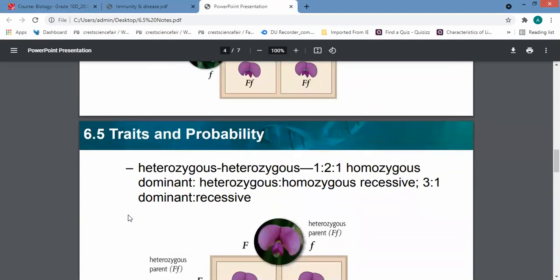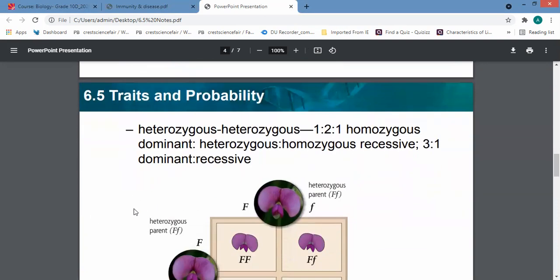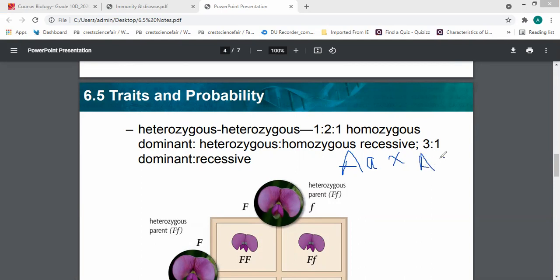Second case, the new one: two heterozygous parents. Pay attention, please. Like capital A, small a, crossing capital A, small a. First, show the factors or the gametes. The first parent inherits capital A or small a, and the second one, same, capital A or small a.